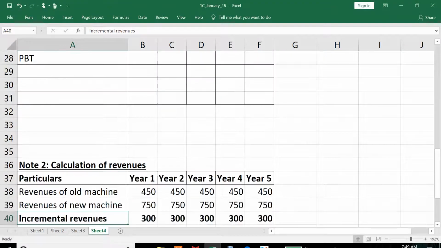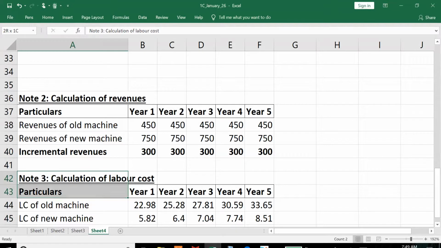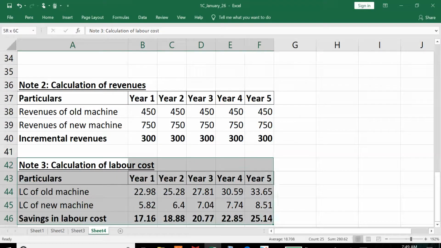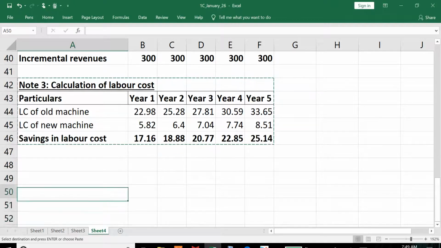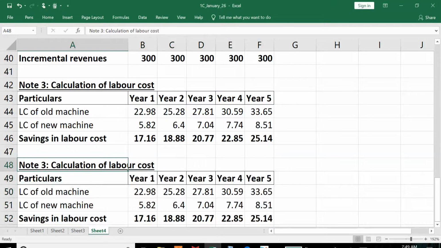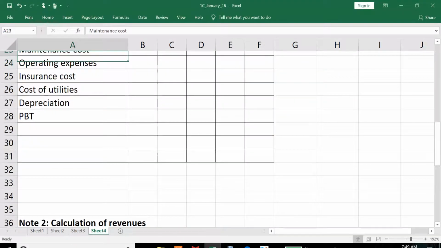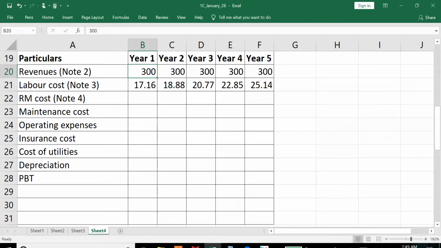Next, raw material cost. Note 4, calculation of savings is again an inflow. I have written it as an inflow, so whatever the labor cost is a positive item. In your calculation, when you go to working note 2, revenues is positive, labor cost is also positive because I am saving money.